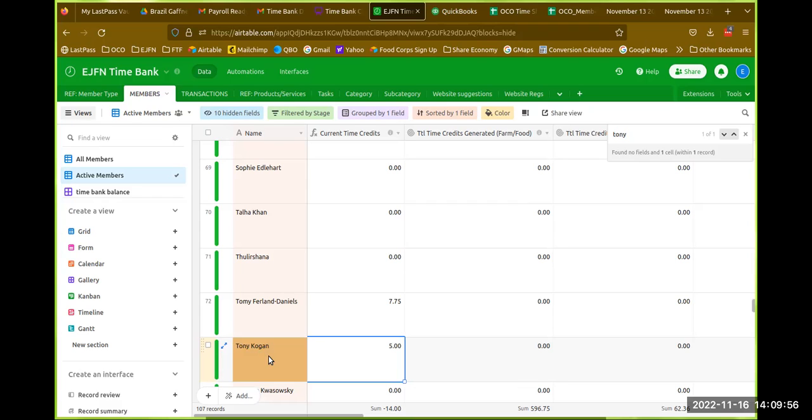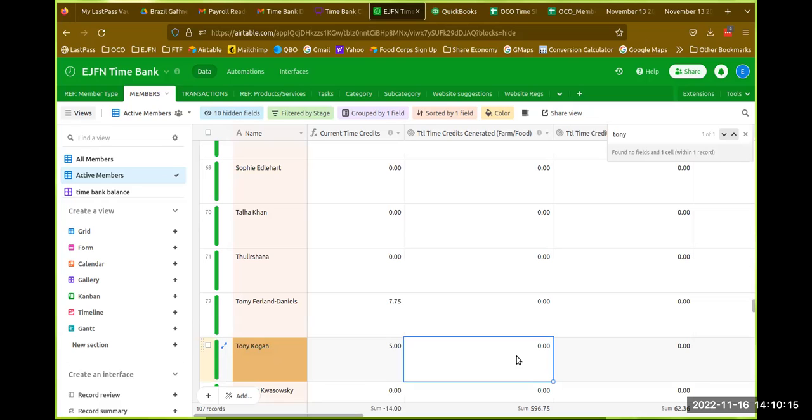So currently you have 5 time credits. The time credits generated says 0 for non-farm and food providers because that only pertains to farm and food providers.